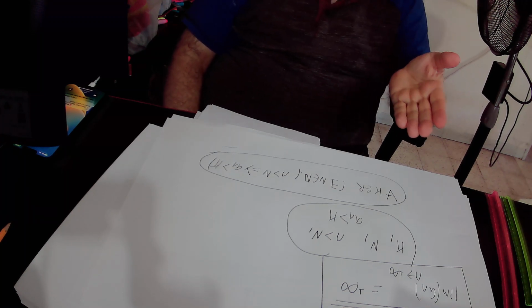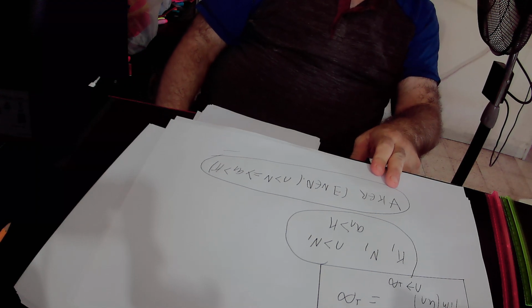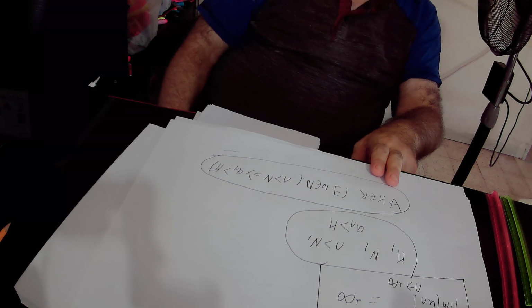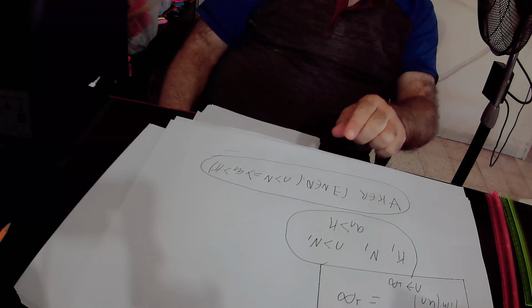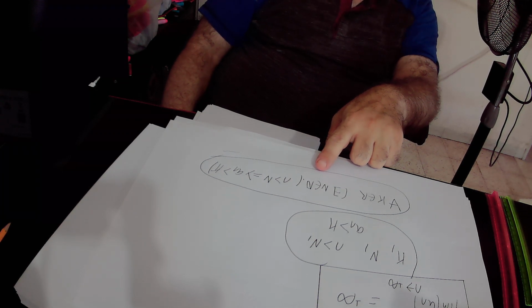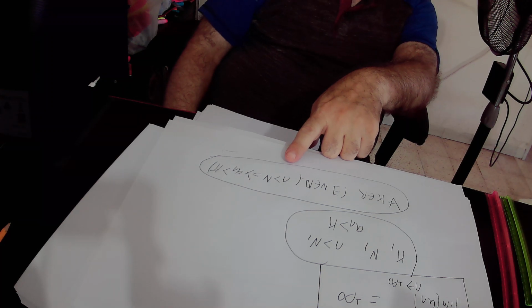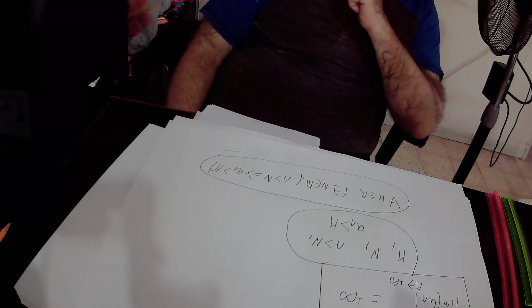So symbolically, the condition will be written as follows. For every k as large as you wish, and k belongs to the real numbers, we have to find a capital N that belongs to the natural numbers, and for every n that is greater than capital N, we will get that a_n is greater than k.